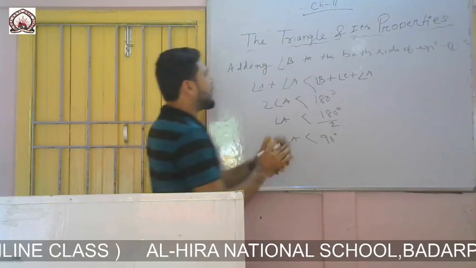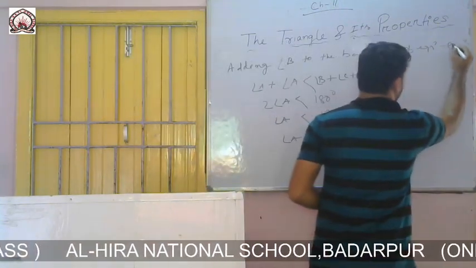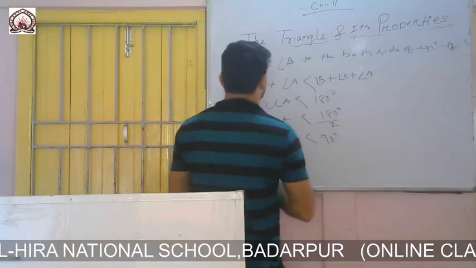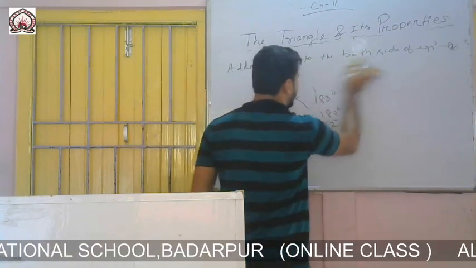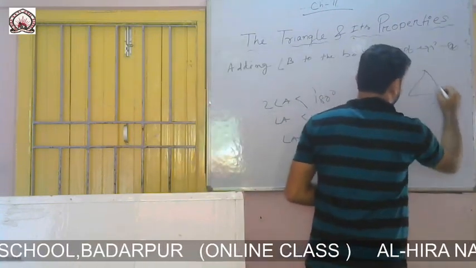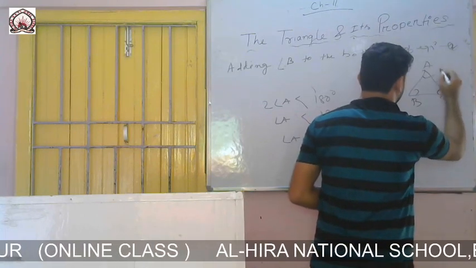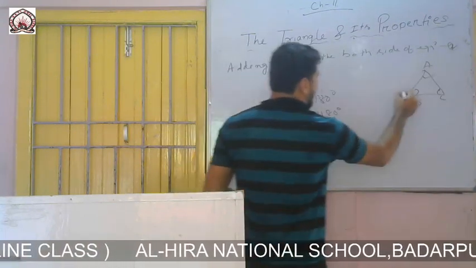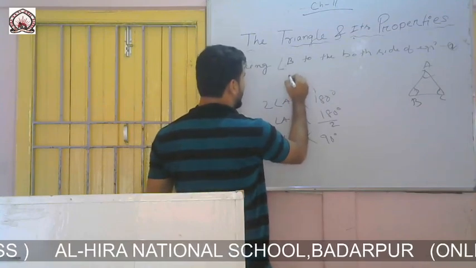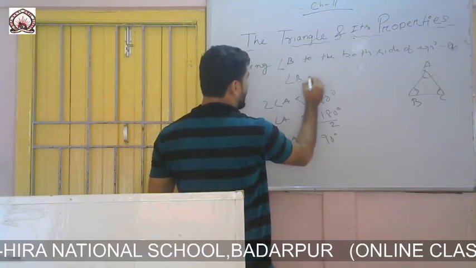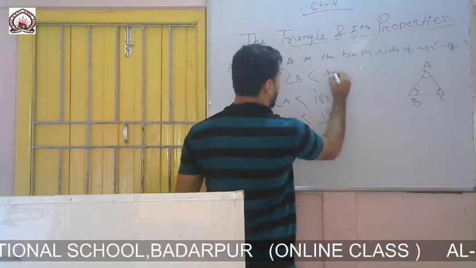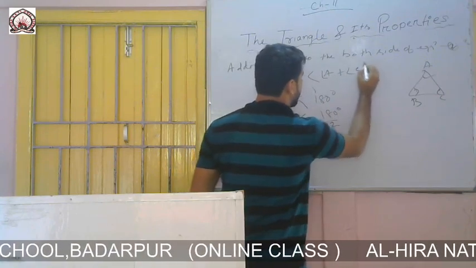Adding B to both sides of equation 2. Equation 2, if I add, then we will have, you see, this is equation 2, angle B less than angle A plus angle C.